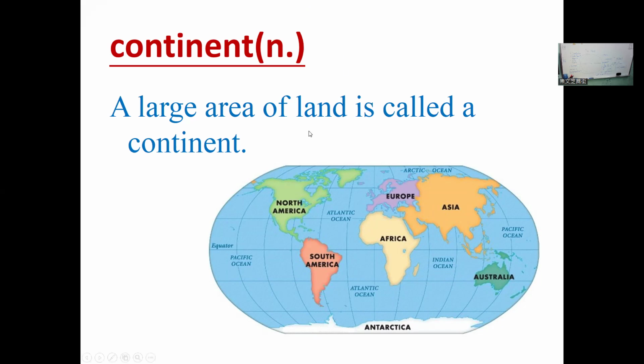So when you say large or big area of land, that is continent. The biggest is Asia. Next, we have North America, South America, Africa, Europe, Antarctica, and Australia. These are the 7 continents. 1, 2, 3, 4, 5, 6, 7.